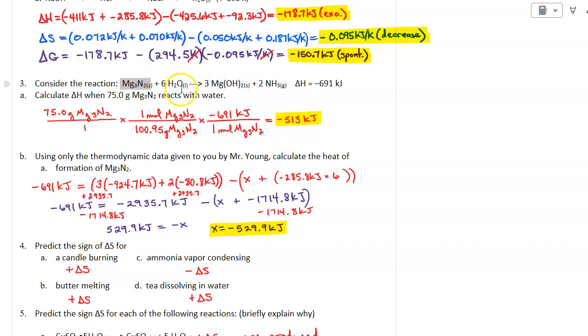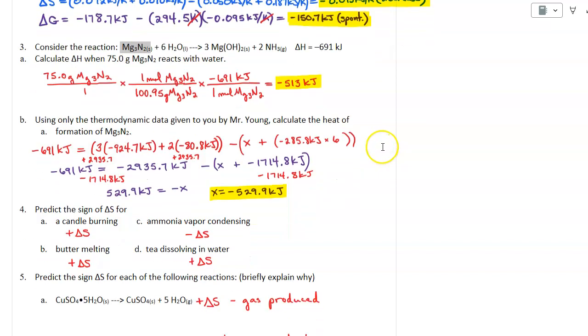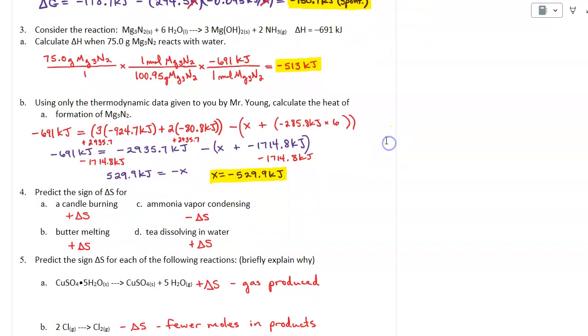It's also per 6 moles of water and per 3 moles of magnesium hydroxide and per 2 moles of ammonia, but this question is giving us information about the amount of magnesium nitride. So I would go from grams to moles of magnesium nitride and then use the thermochemical equation to determine that 1 mole of magnesium nitride gives me negative 691 kilojoules. So I get, in the end, since I don't have 1 mole of magnesium nitride, it only gives off 513 kilojoules. So obviously still exothermic.